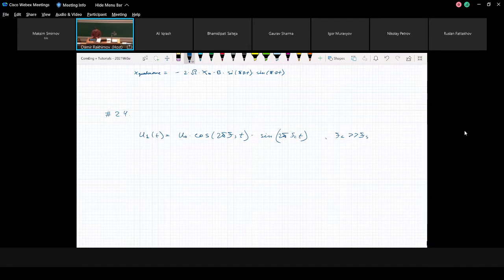We pass the signal through a bandpass filter with a given transfer function.